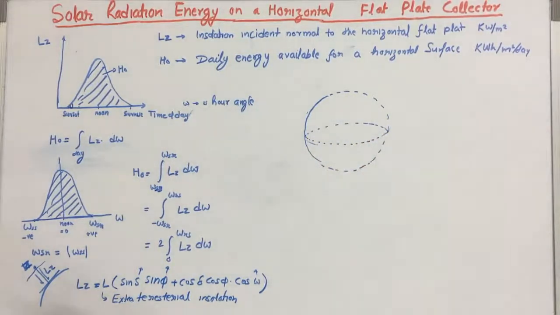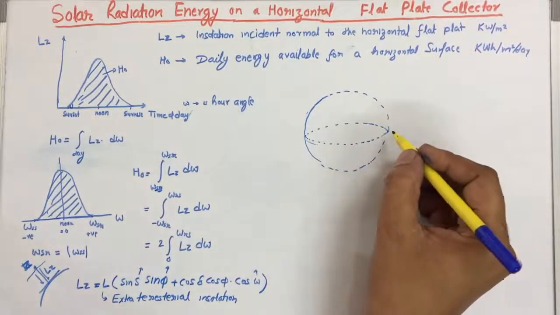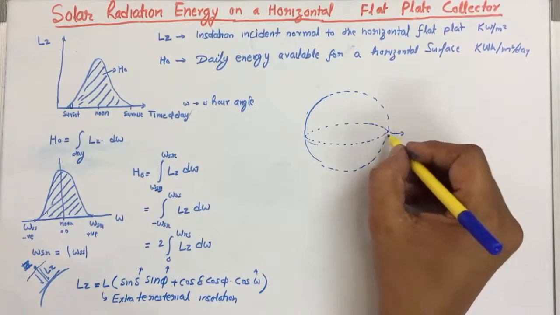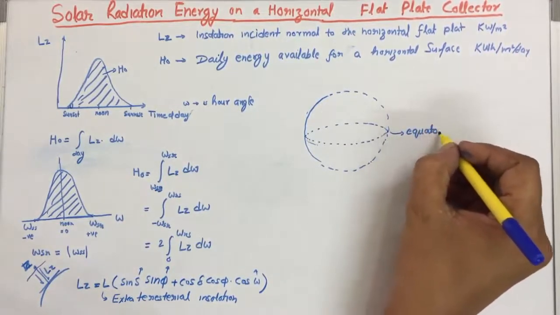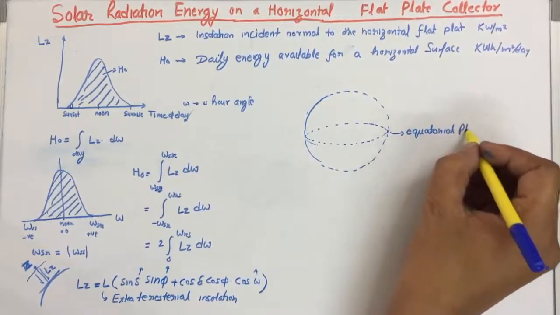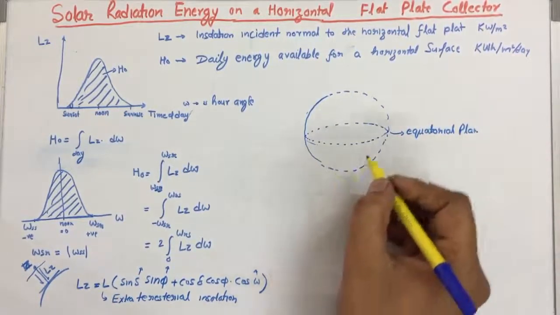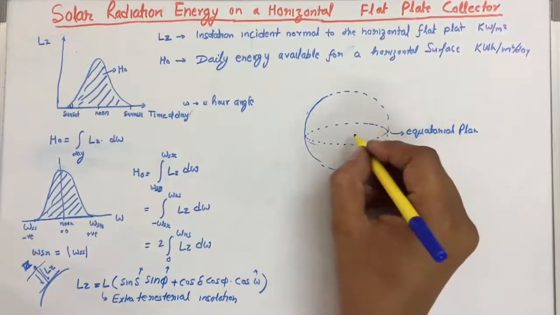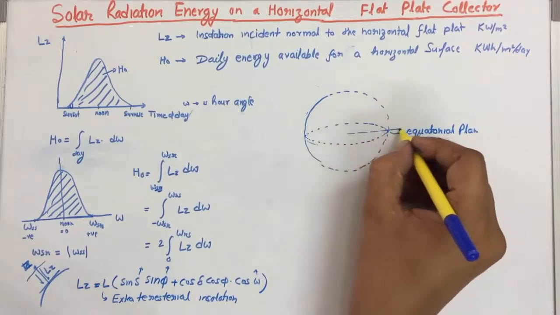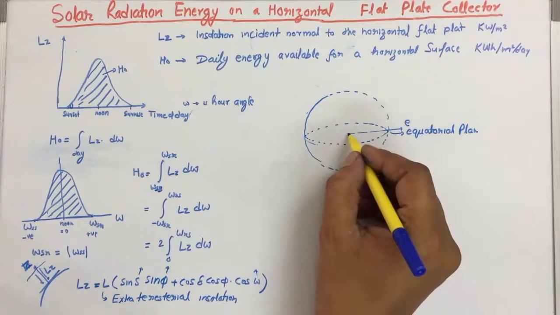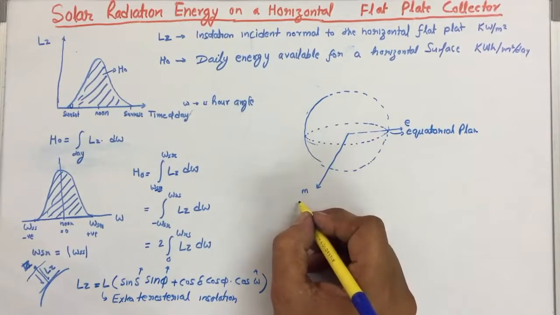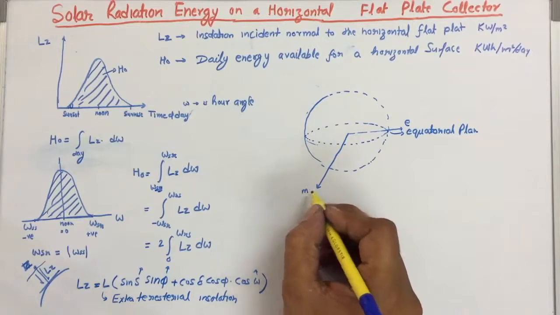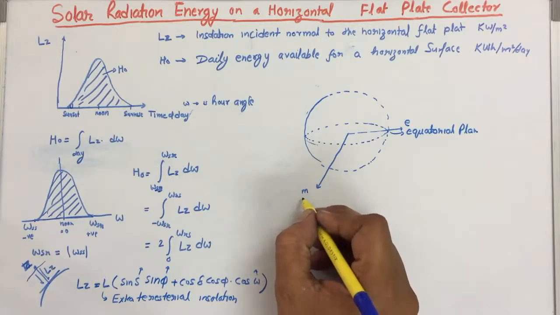This is the equatorial plane, you can say, and you can form a meridian axis, it can be said here.